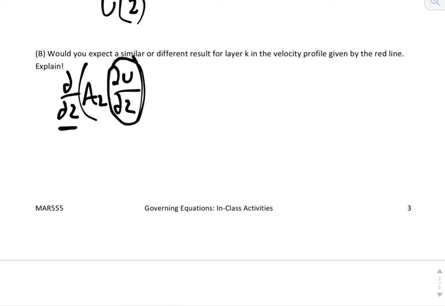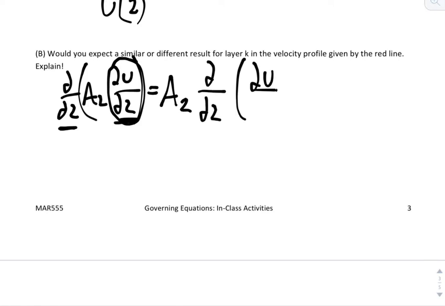So I'm looking at the rate of change of the rate of change. And so we need an estimate of this at two different locations, and then we're going to take a derivative of that. A_z we can pull out, so I'll leave this as equals A_z, because it is constant, I can pull it out, d/dz of, and I'm going to put in parentheses here, du dz.